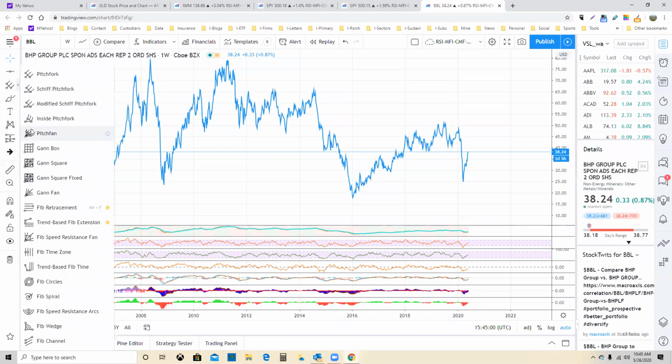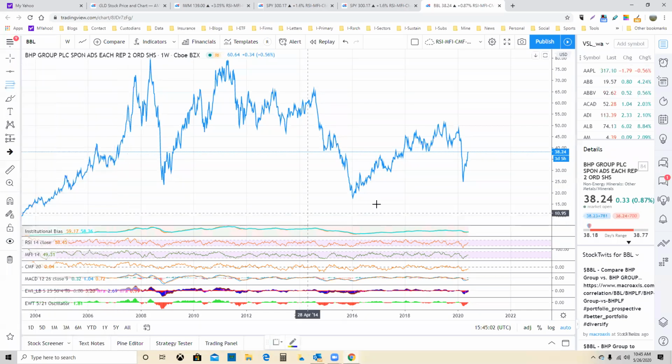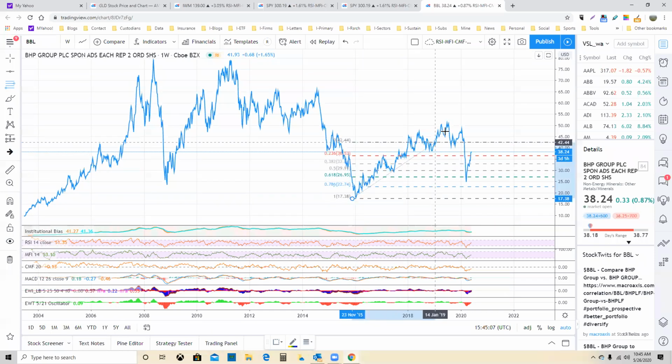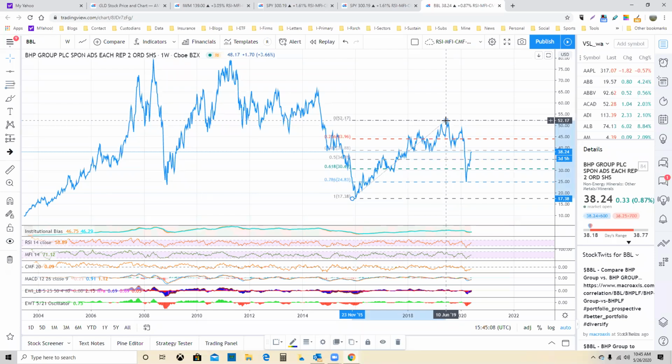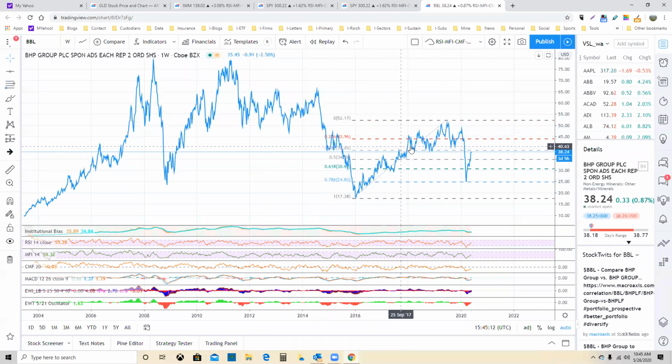We can throw in some pretty lines. Right. This one is the important one. So that's actually an important level. So BHP is sitting at a pretty important level right now. So you'd expect a pullback to around $25 a share.